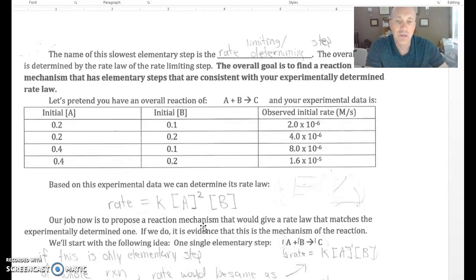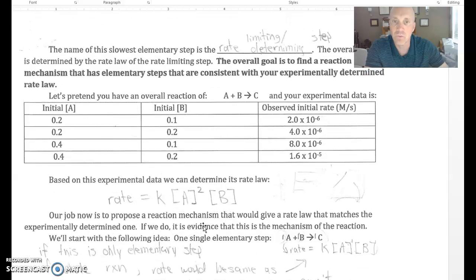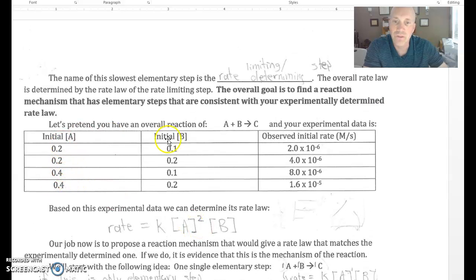All right. So it helps to see an example of that. What we're going to do is start with this overall reaction: A plus B yields C. And this is the data that we have by running that series of experiments and measuring the rates.